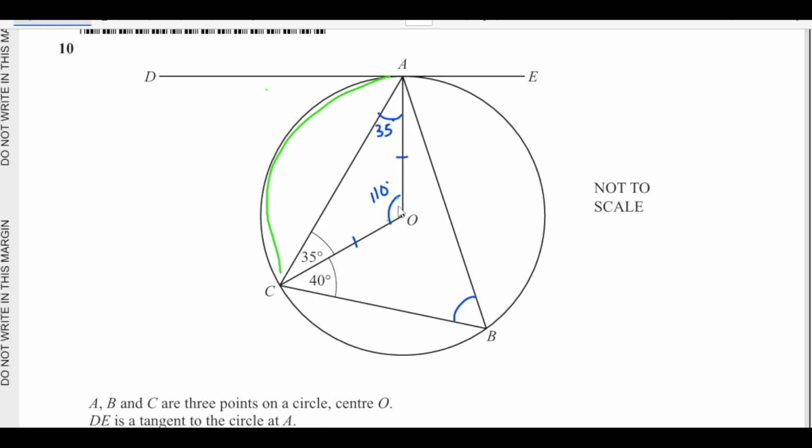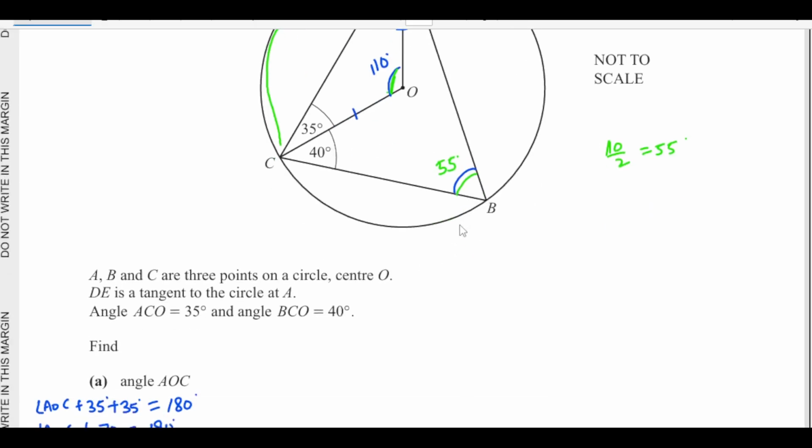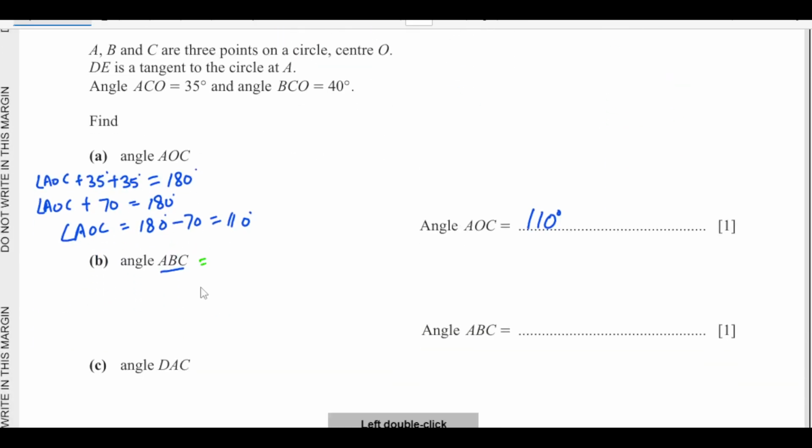So, if this is 110, then this is going to be 110 divided by 2, which is 55. So, this is the angle on the circumference and this is the angle at the center. So, then angle ABC is 55. We will write down angle ABC is 110 over 2, that is 55 degrees.